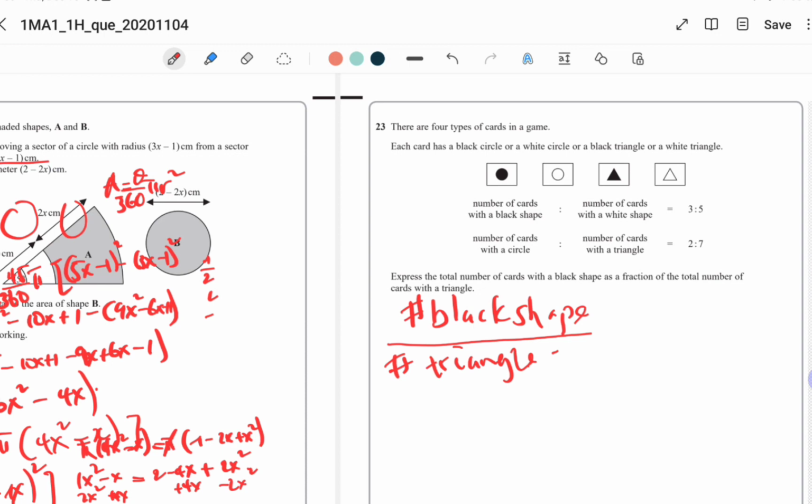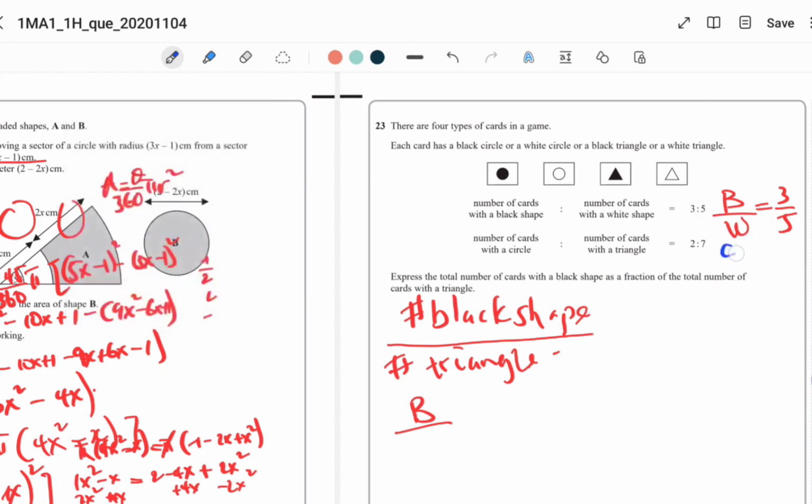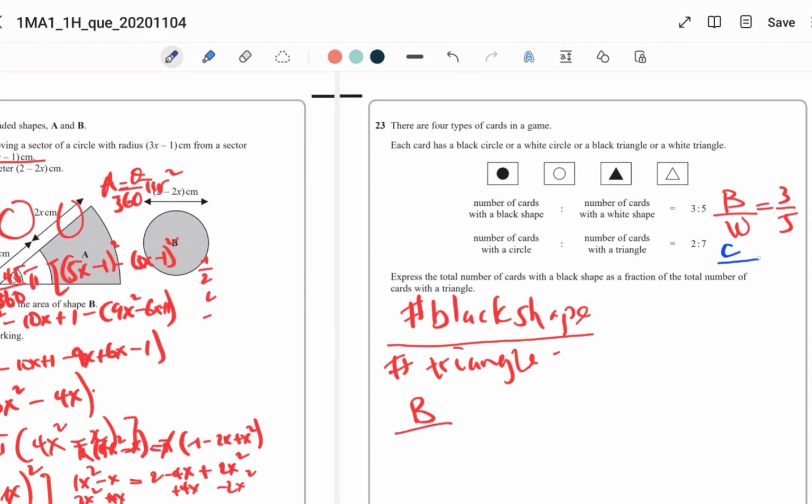So the first ratio says the number of cards with black shape to number of cards with white shape is 3:5. So we're just going to call that black. So black to white equals 3/5. And the number of cards with a circle, I'm just going to have that one as C. Number of cards with a circle to number of cards with a triangle is 2/7.